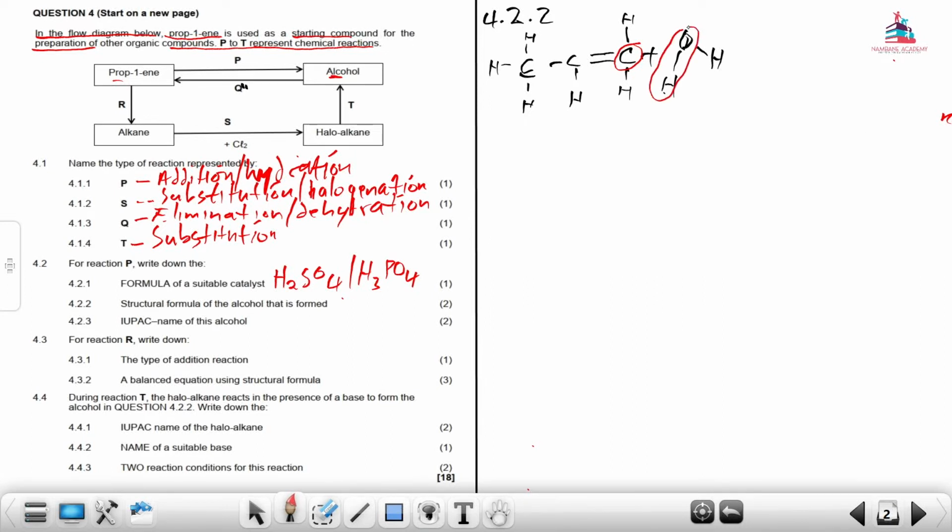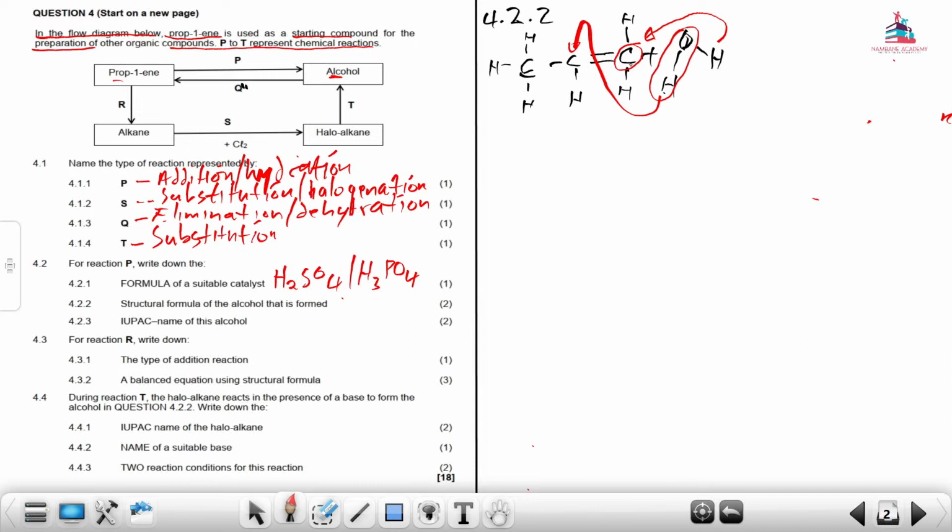Remember, we have this part here that will form the alcohol, and then we have that hydrogen. So the question is, where will the hydrogen go? The hydrogen will go to a carbon with a higher number of hydrogens. Then the OH will come to a carbon with a lower number of hydrogens. But our focus area in this case should only be the carbons of the double bond, carbon 1 and carbon 2.